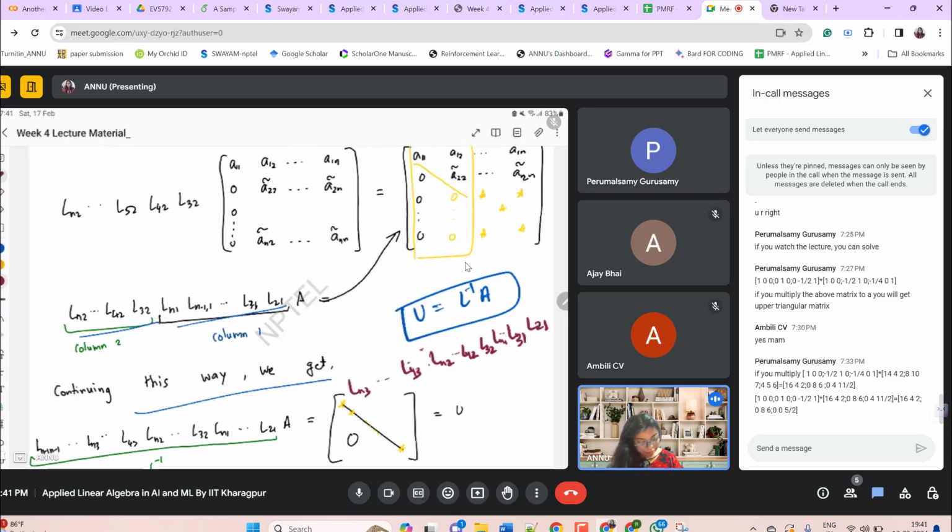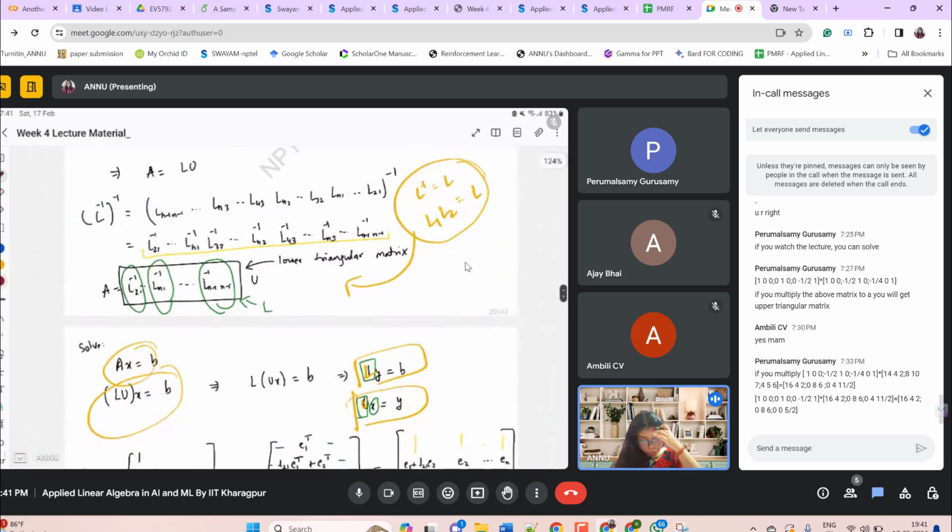If we consider 4 columns, then it is up to this point. And this is L inverse. In order to get U, this is L inverse A, because at the end you are getting U as output. I hope this is clear. But again, we will try to solve using these equations.